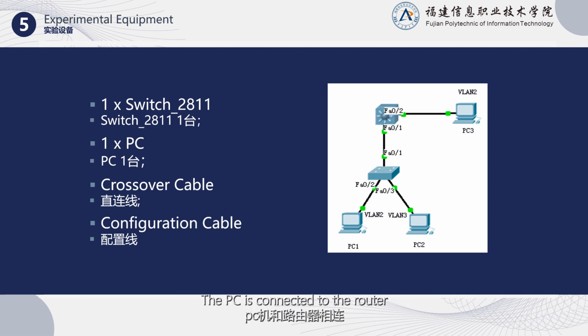The PC is connected to the router with two cables. One is the console cable, shown as the blue line in the diagram, used to log into the router for configuration. The other is a dashed line, representing the crossover cable used for the PC to access the router through Telnet for configuration. All right.